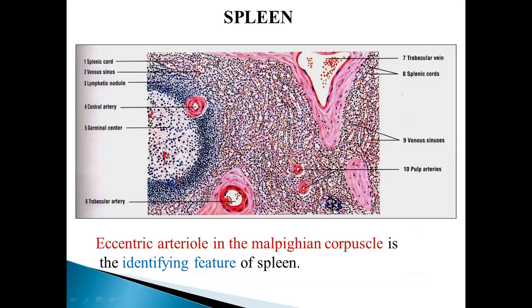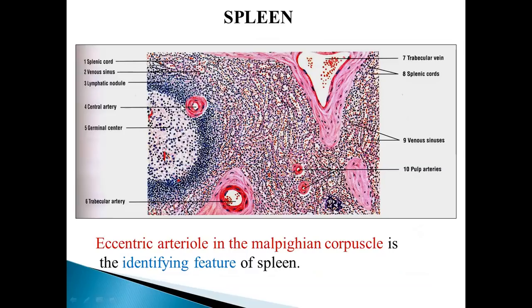So this is how the slide of spleen will appear. Eccentric arterioles in a Malpighian corpuscle are the identifying feature of a spleen. When you see a slide of spleen, again it is a lymphatic tissue made up of reticular cells and fibers, having a large number of lymphocytes.